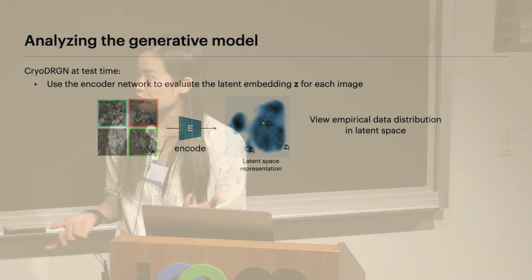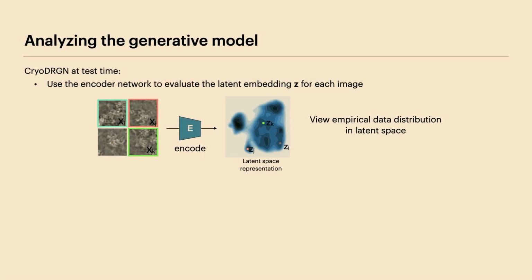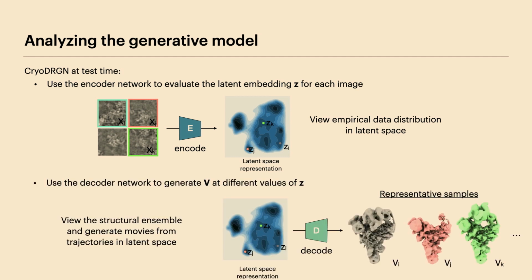So that's how we train the model. How do we actually use it? At test time, we have these two neural networks. We have an encoder neural network that we can use to predict some latent code given each of our images. This is a lower dimensional representation, so we can directly visualize this, and maybe this tells us something interesting about our data set already. But we also have a decoder neural network that can generate volumes given different values of our latent variable.